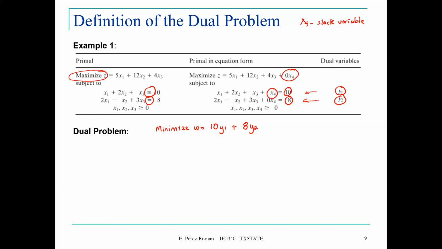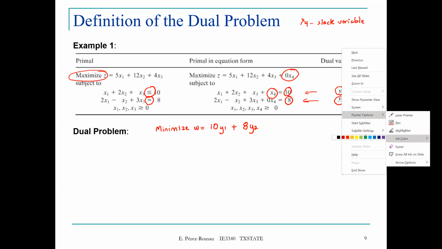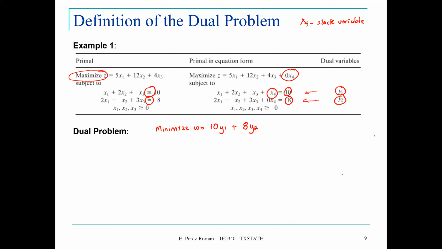Now, in terms of the constraints, it's going to be subject to, as mentioned earlier, we are going to use for each one of the variables in the primal.